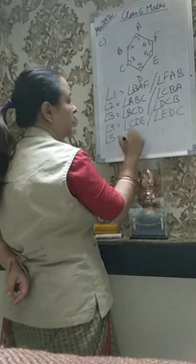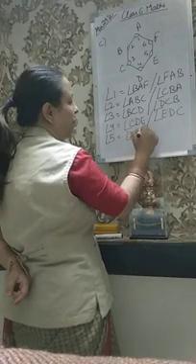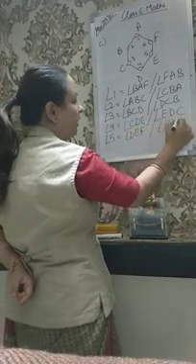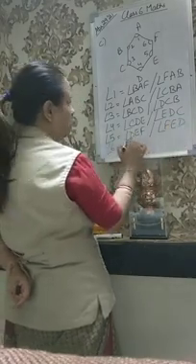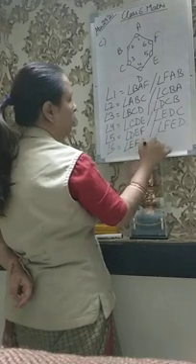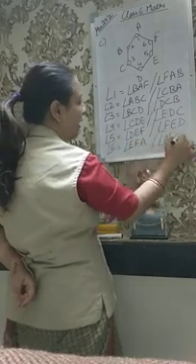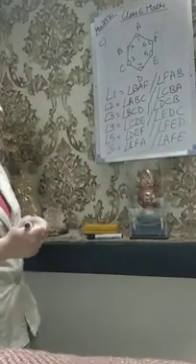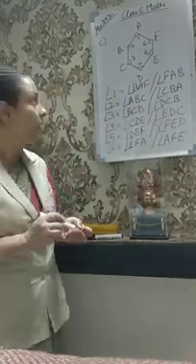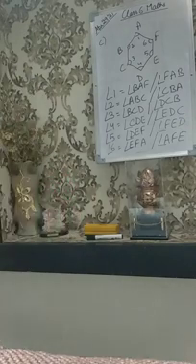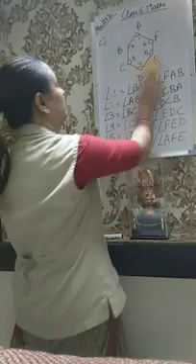Angle 5 is DEF or FED, and angle 6 is EFA or angle AFE. Fine. So these all are the angles. If you've written any one of them, your answer will be right. Okay. You can quickly note them. Alright, let's move further.